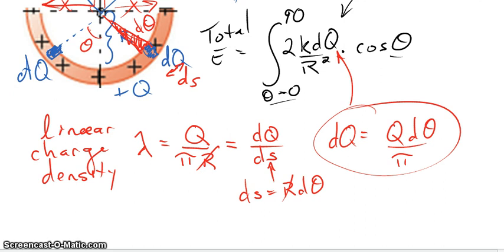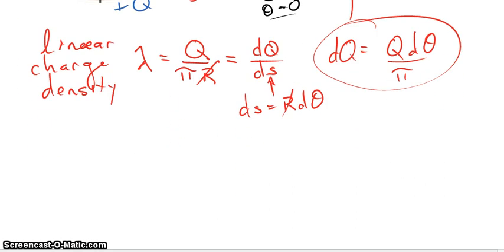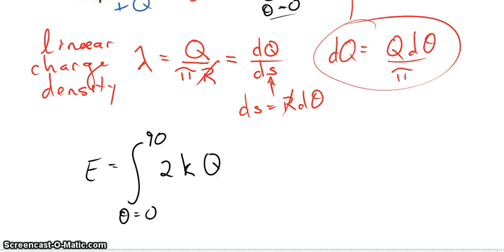Okay, so let's write out our final integral and solve it. Here we go. Okay. So our capital E is equal to the integral from theta equals 0 up to 90 of k. Instead of dq, we're going to write capital Q d theta all over pi and r.